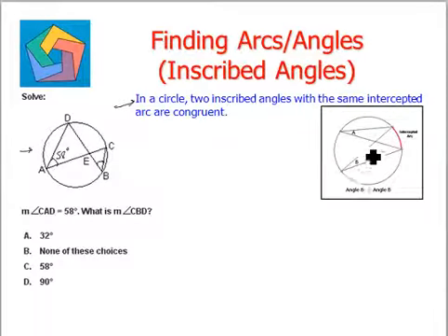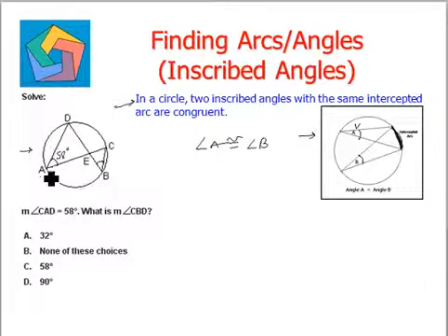If we see in this circle over here, we are having two angles A and B. These are having the same intercepted arc, that is, this arc is the common, or we can say the same arc. So angle A is congruent to angle B, or that is the value of A is equal to B.